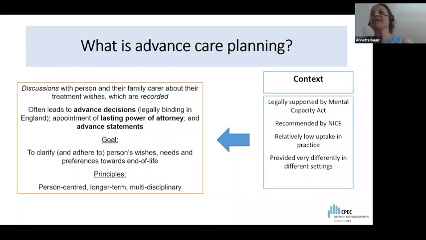It's recommended by NICE as well. Despite this, it has a relatively low uptake in practice. In some areas in England, I think the uptake is as low as 4%. It's also provided very differently in different settings, which is typical for social care. Can you go to the next slide?